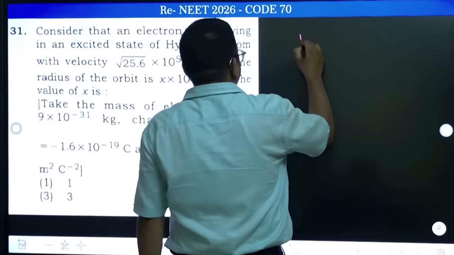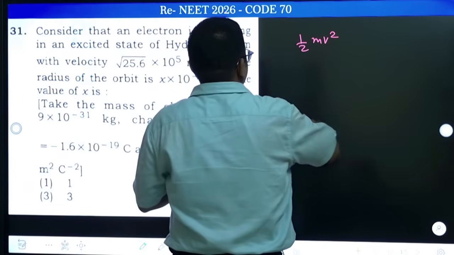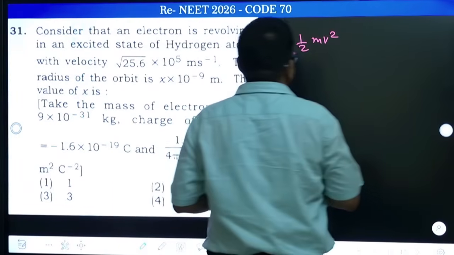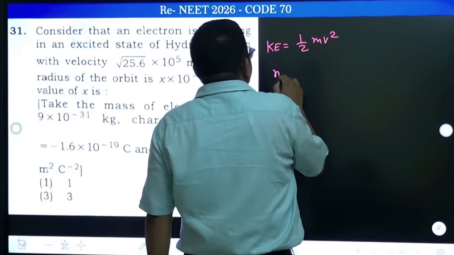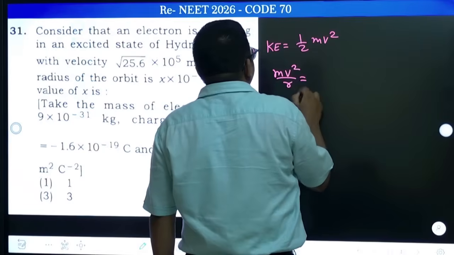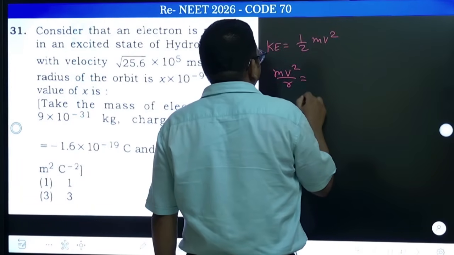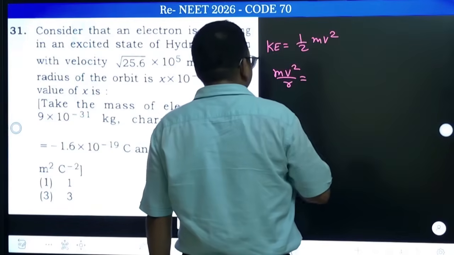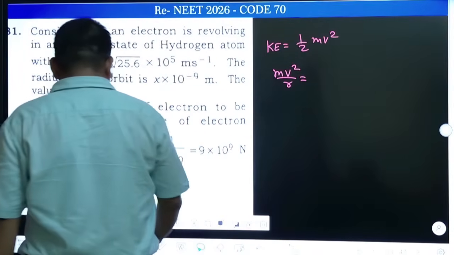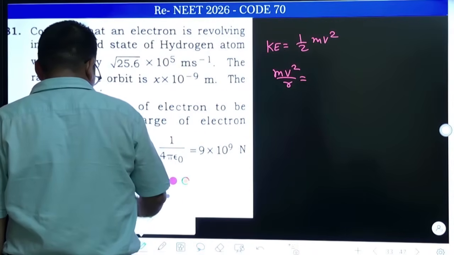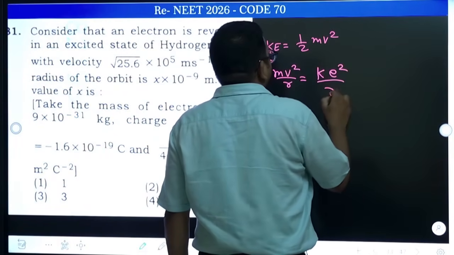What we know is that half mv square is kinetic energy. This is kinetic energy. And mv square by r is k e square by r square, right?